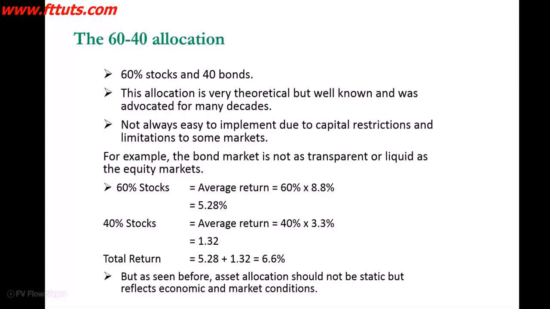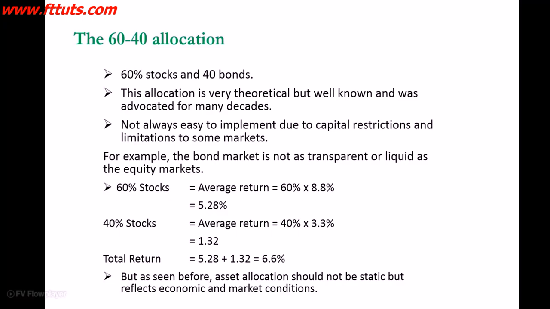The 60-40% allocation is about 60% in stocks and 40% in bonds. This is a very well-known allocation. Again, this allocation is very theoretical but well-known and was advocated for many decades.